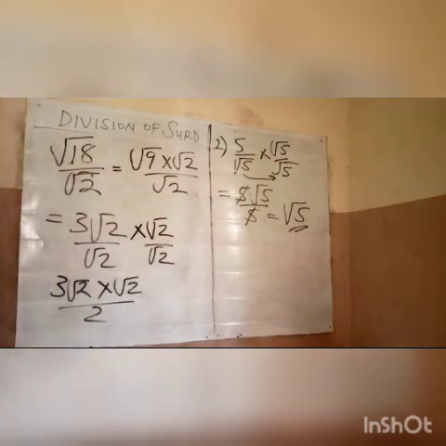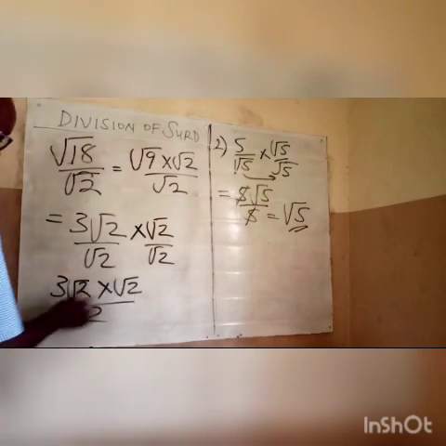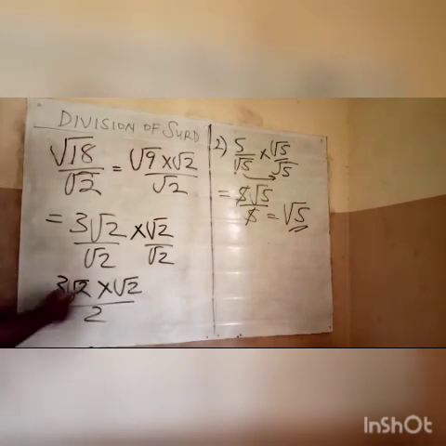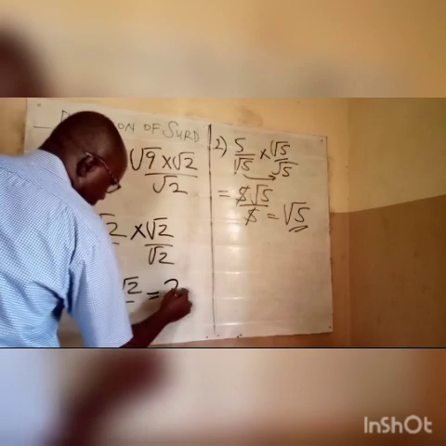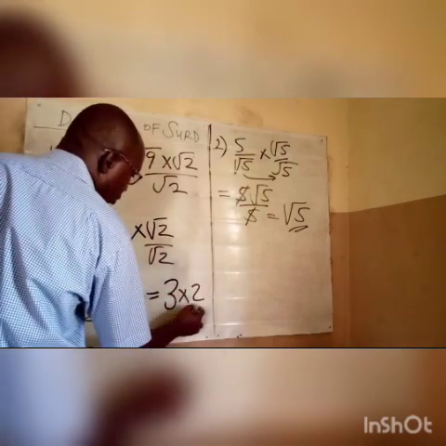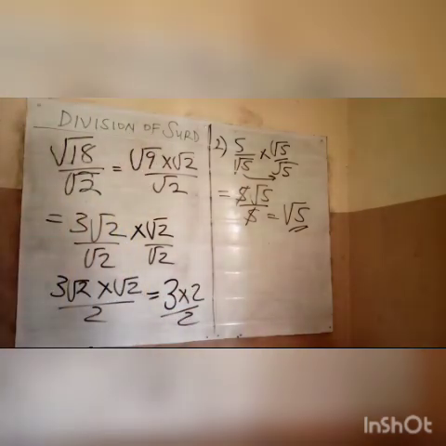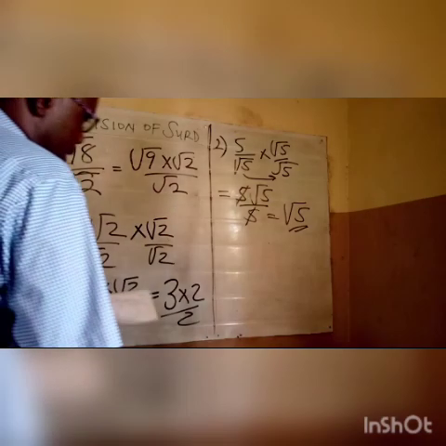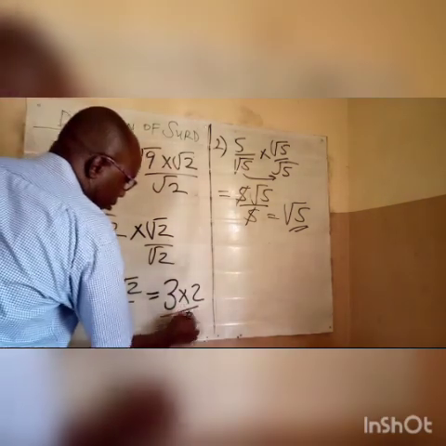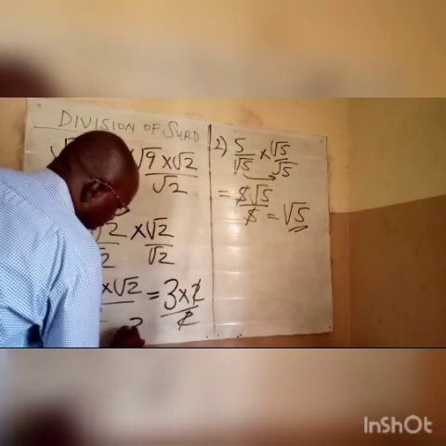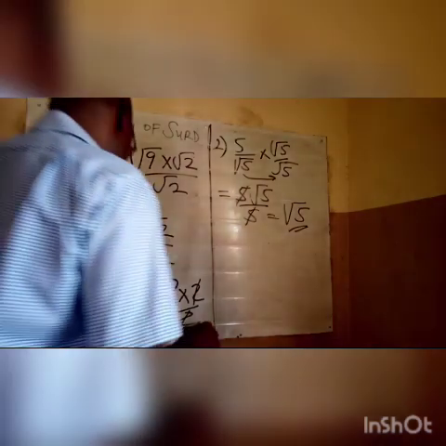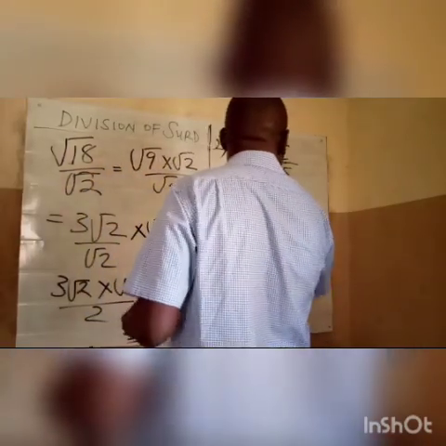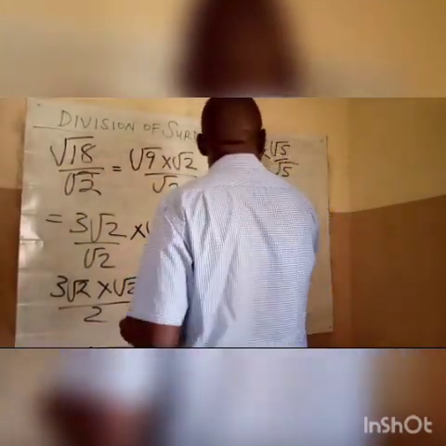Root 2 is here, root 2 is here. Root 2 times root 2, because they are like terms, becomes a whole number. So this will become 3 times 2 over 2. You can simplify further, 2 cancels 2. Your answer becomes 3. So 3 becomes the answer of this type of solving.